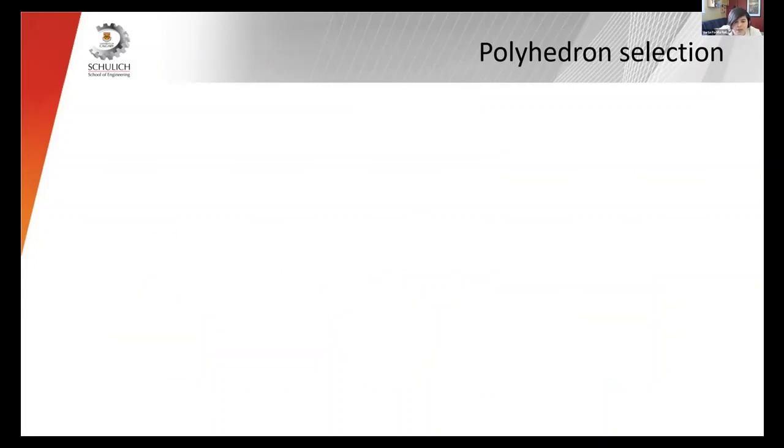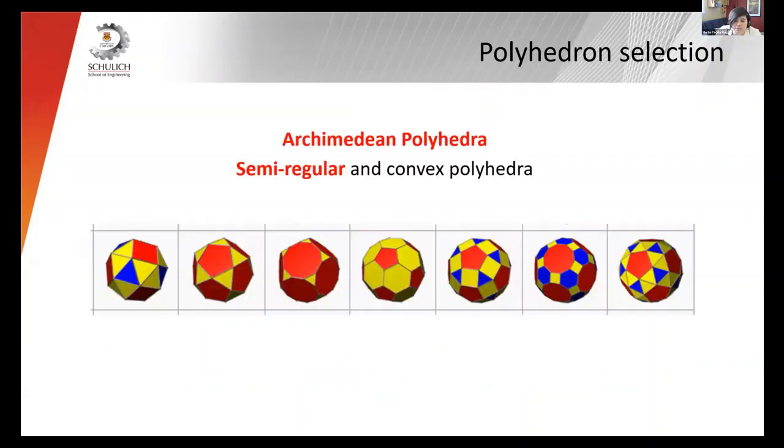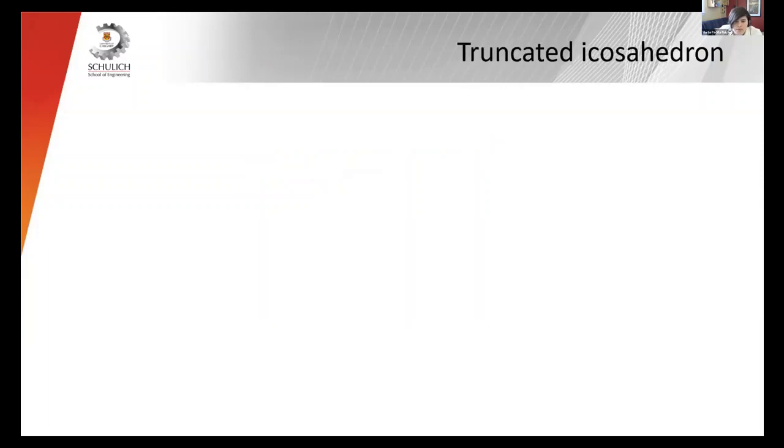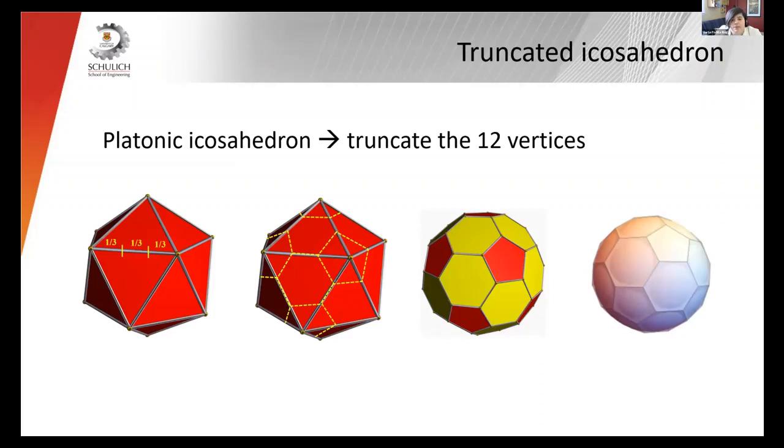And there are also other types of polyhedrons called the Archimedean polyhedra. They're semi-regular instead of regular, so they combine different polygonal faces, providing a better fit to the sphere. And the one that provides the best adjustment is the truncated icosahedron, constructed by taking the Platonic icosahedron and truncating the 12 vertices, ending up with pentagonal and hexagonal faces, the usual soccer ball picture.